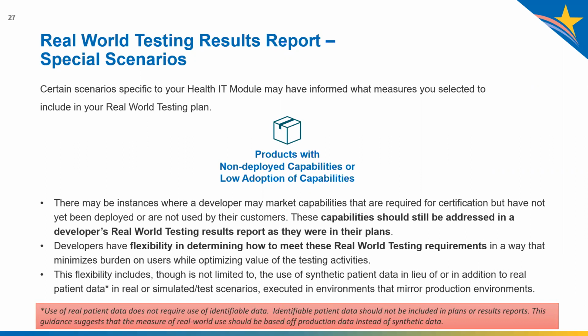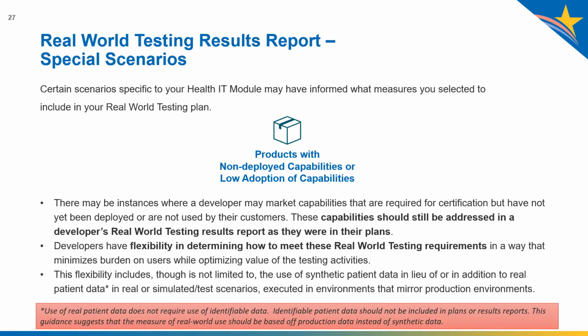So, maybe you were a developer who had non-deployed or low adoption capabilities, but you were able to find a setting, and one of your customers was willing to let you come in and see how it works, and maybe you were able to successfully conduct real world testing on those capabilities. But maybe you tried to get in the door and you couldn't get in to do the observations.